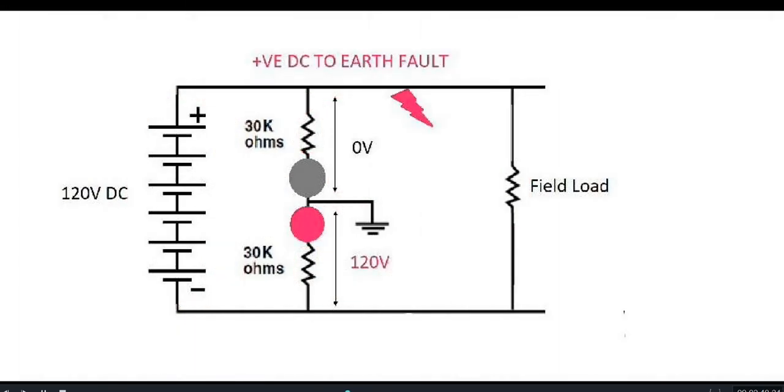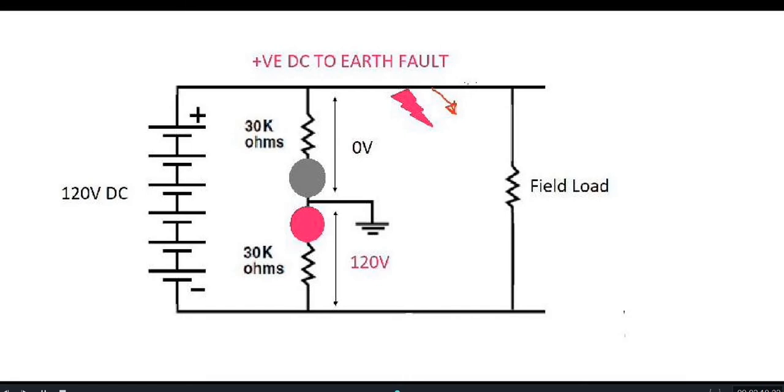Let us see what happens when there is an arc fault on the DC system. We will discuss both cases: when a positive DC to earth fault occurs and when a negative DC to earth fault occurs. Here we can see the case of positive DC to earth fault, that is, the positive arm of the battery or DC-DB comes in contact with earth.